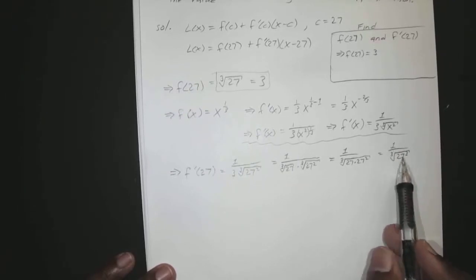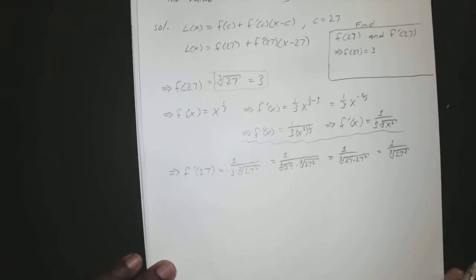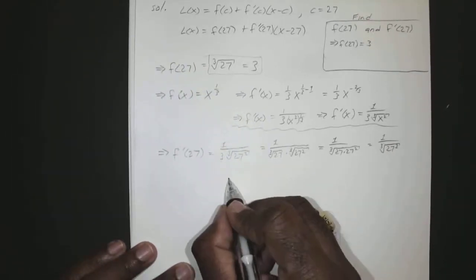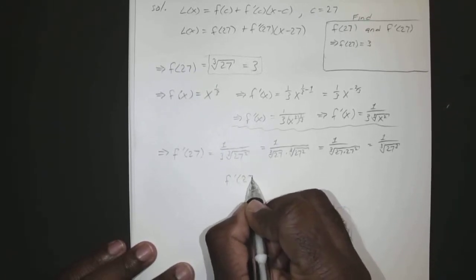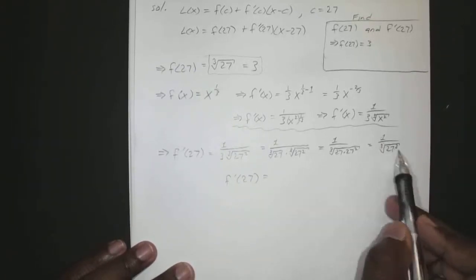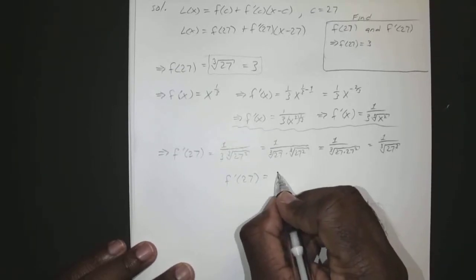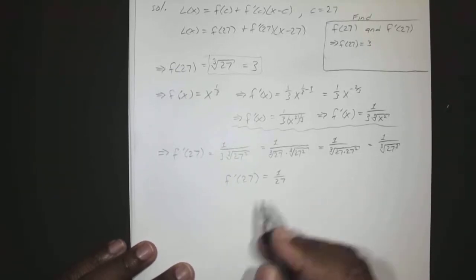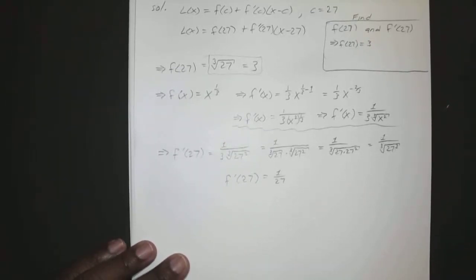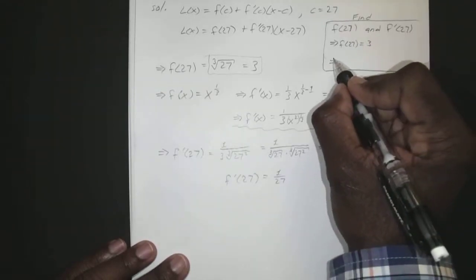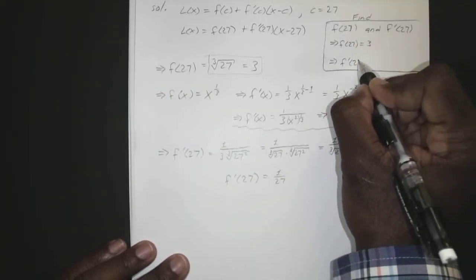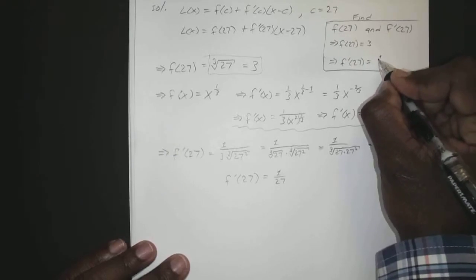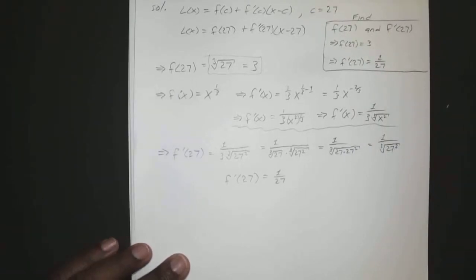The index and the exponent cancel each other out. So our f prime of 27 is actually equal to 1 over 27. Right up here, f prime of 27 equals 1 over 27.